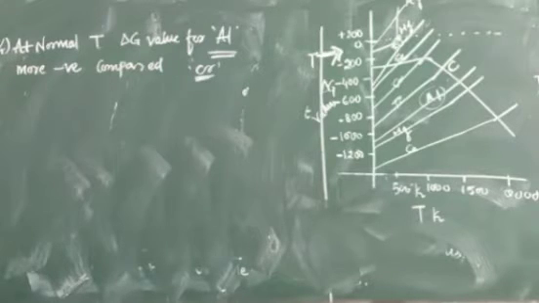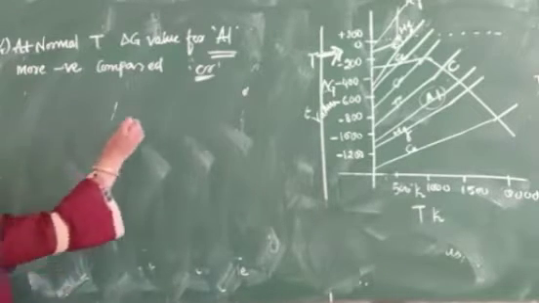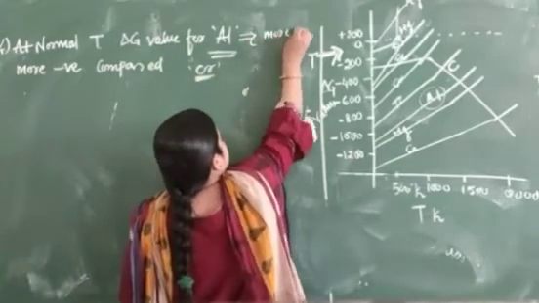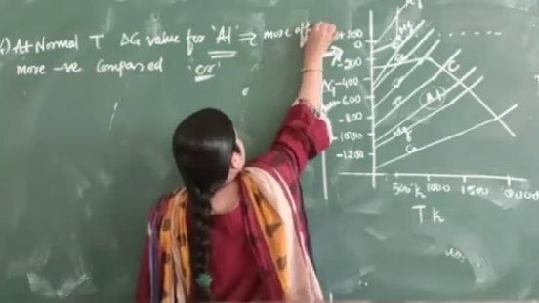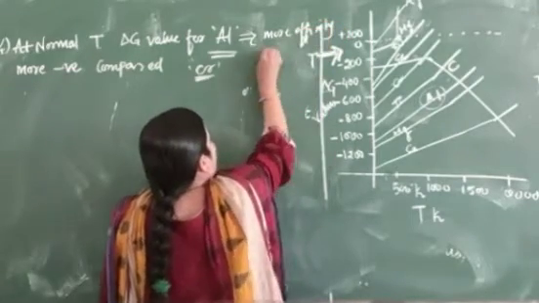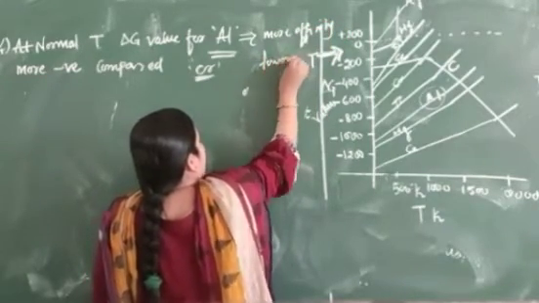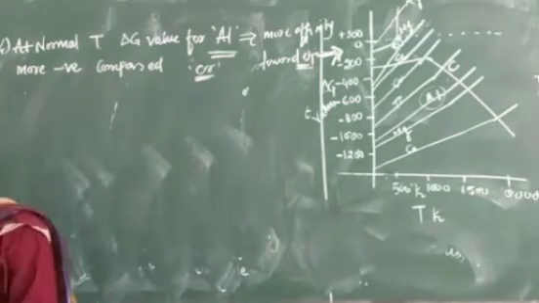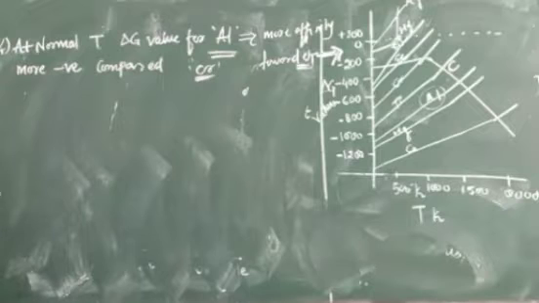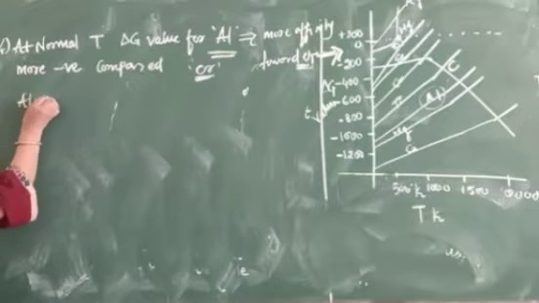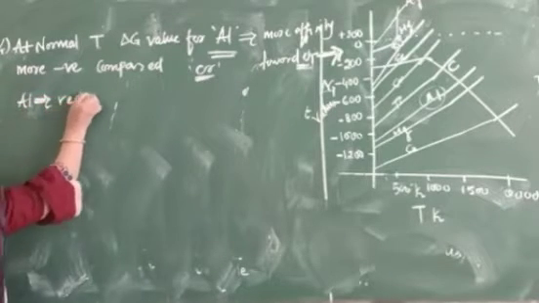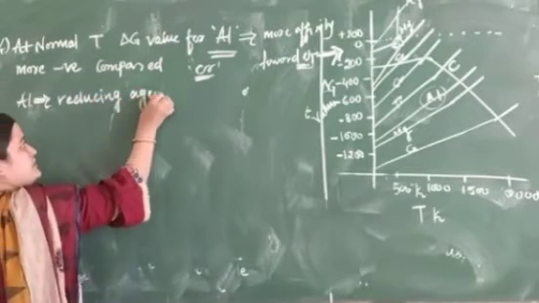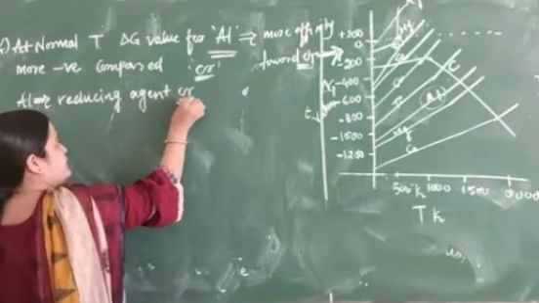This indicates that aluminium has more affinity towards oxygen. So the result is that aluminium can be used as a reducing agent for Cr.